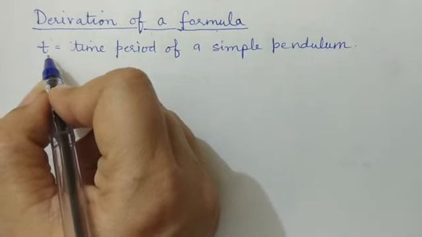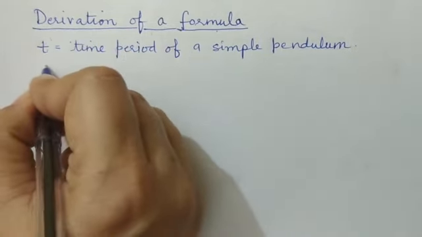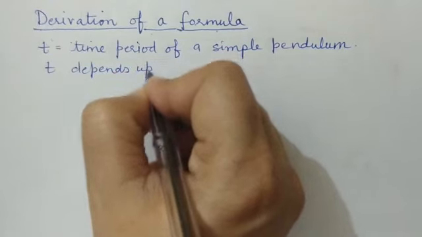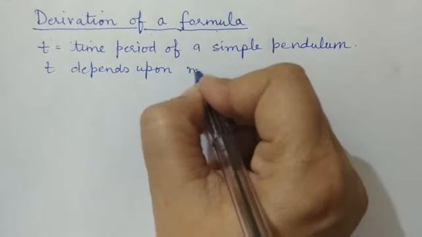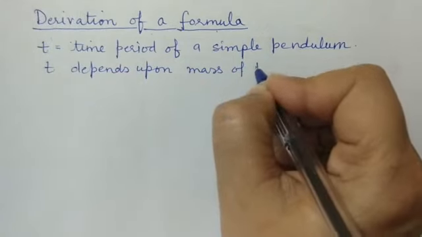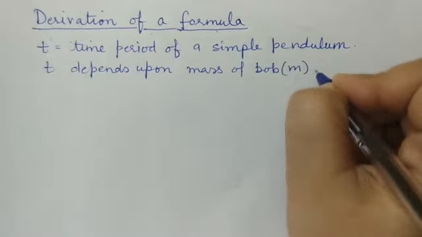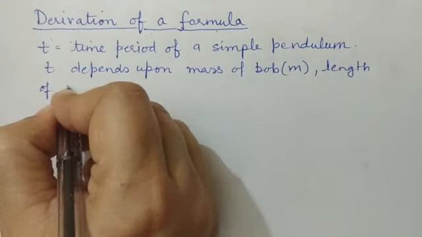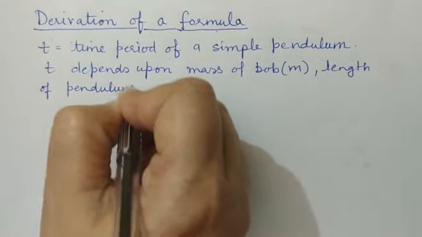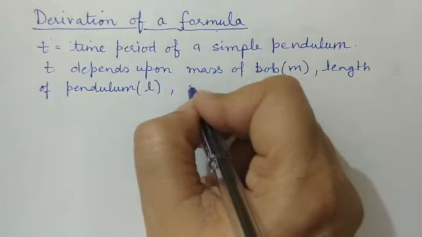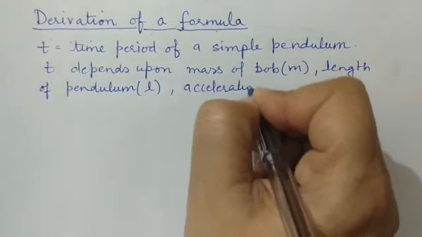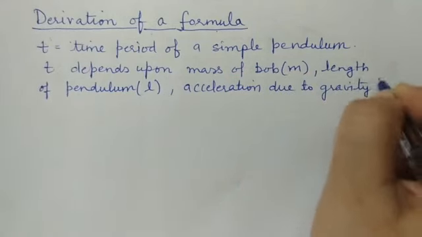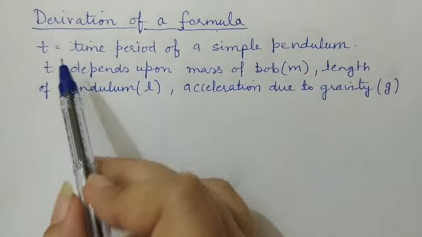I have to derive a formula for this time period, and we know only that T depends upon the mass of the bob, denoted by M, length of the pendulum, L, and acceleration due to gravity, G. Suppose we know only this much.